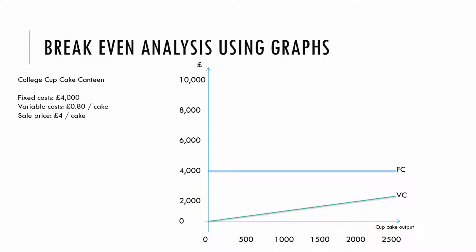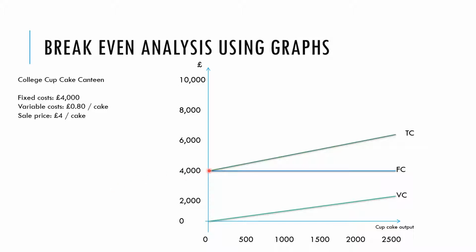We can then say, well, let's draw a line that shows us what our total costs would look like for any number of cupcakes that we might produce. Well, as we know, total costs are the fixed costs plus the variable costs. If I add these two lines together, I will get a line that gives us the total cost for any number of cupcakes produced.